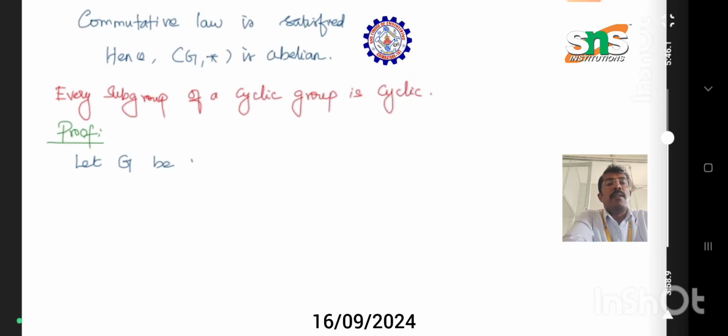So we are moving into the next level, that is every subgroup of a cyclic group is cyclic. Now we are going to the level of subgroup. We have a cyclic group, in that we take a subset. So every subgroup of a cyclic group should be a cyclic group.